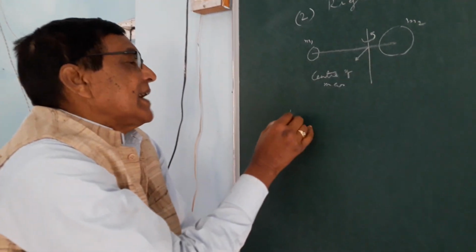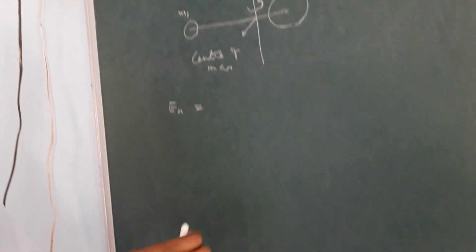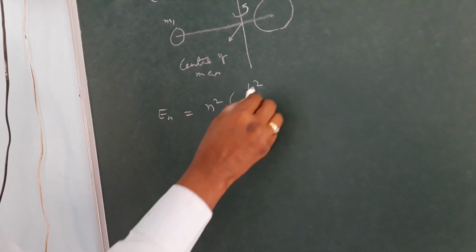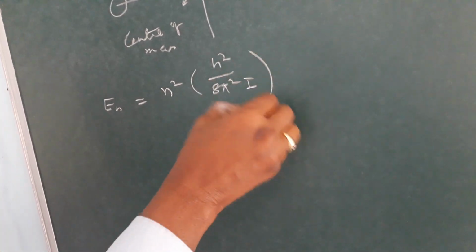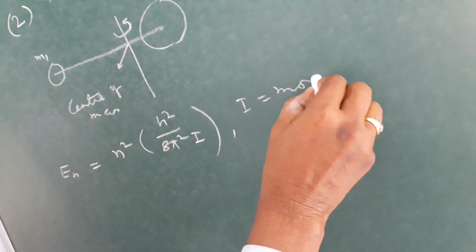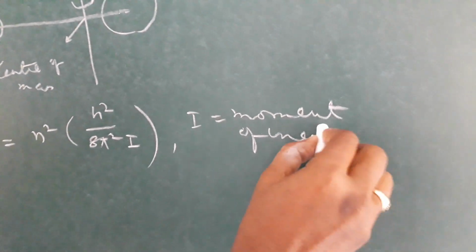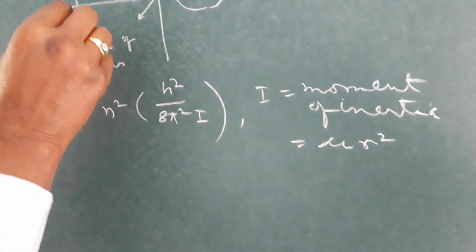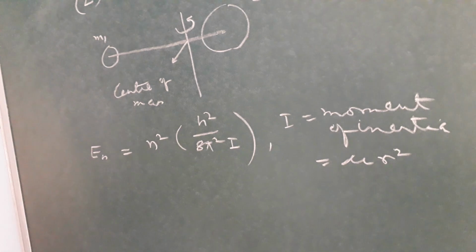In this case, the energy of the nth level for the system, already deduced, is n square h square divided by 8 pi square I, where I is the moment of inertia of the system, equal to mu r square, and r is the distance between the two bodies.